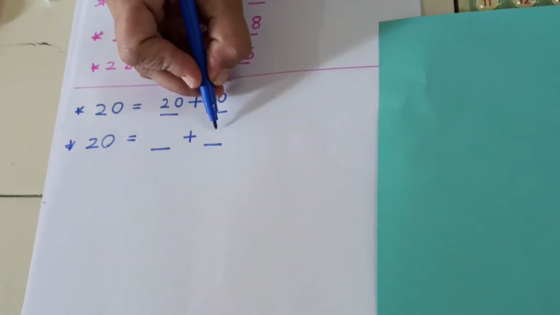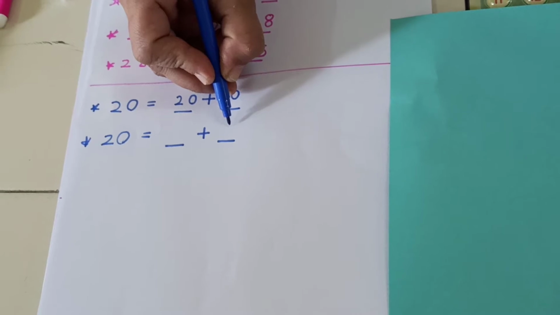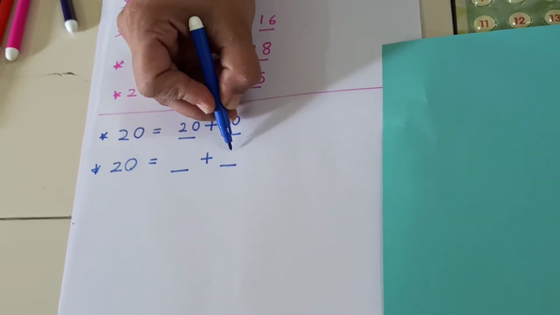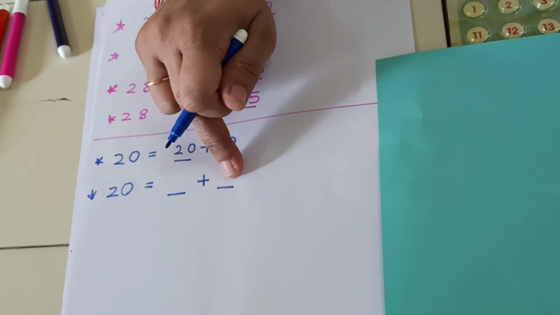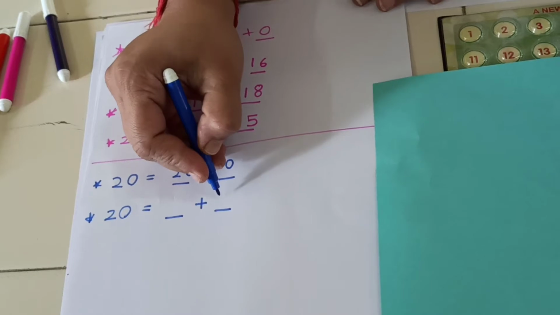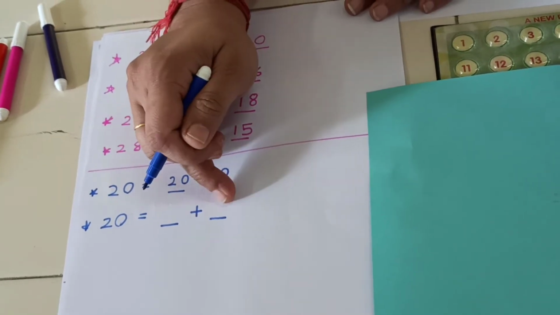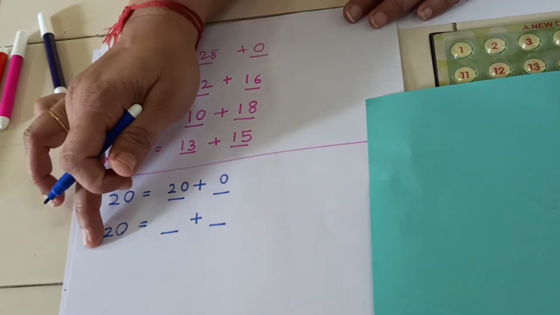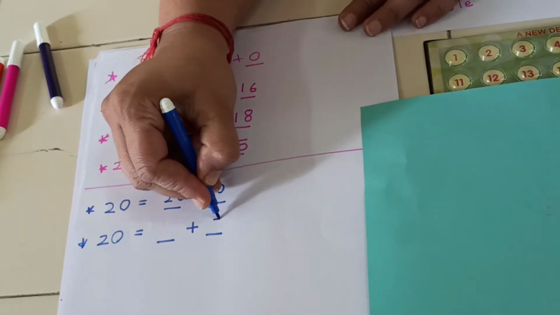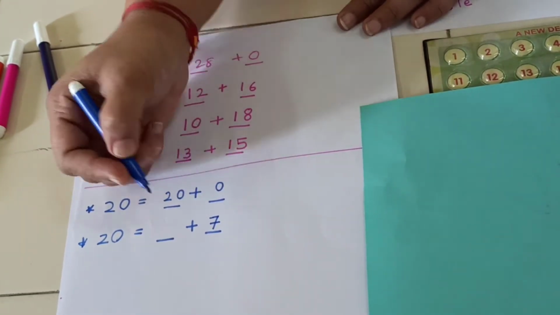Is it possible I write here in the second part? Yeah, it is possible, because in addition, if you write first or second, the answer is going to come same only. Neetu teacher, perfectly said. Yes, even if I write here or here, the answer will not change in addition. Your sum will remain same. So this time I am going to write it in the second part.